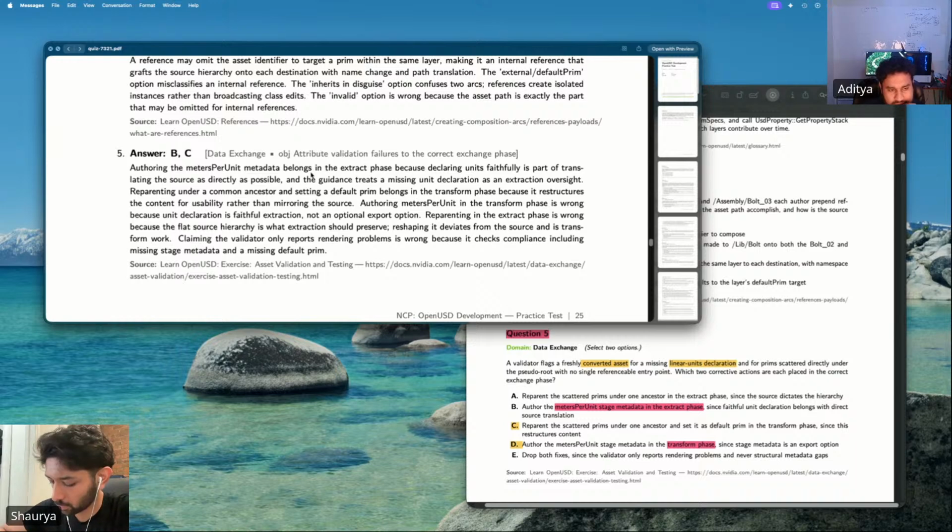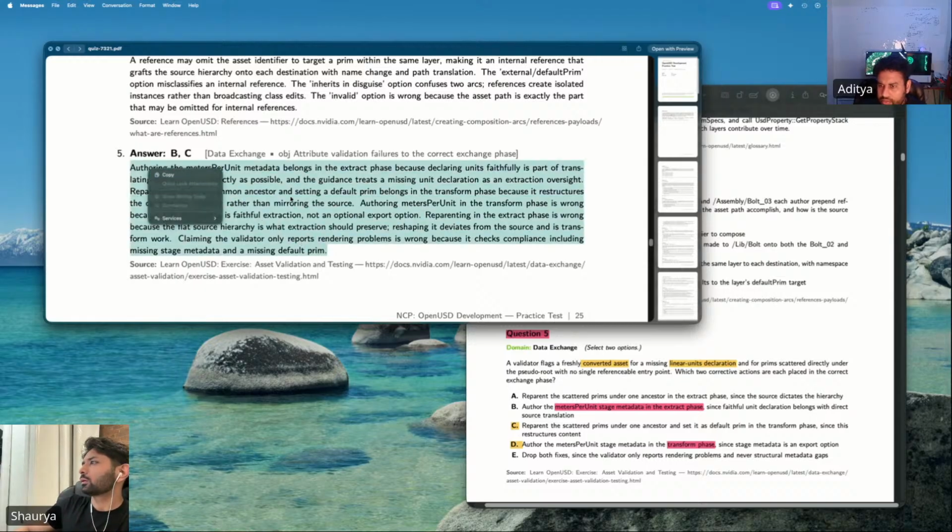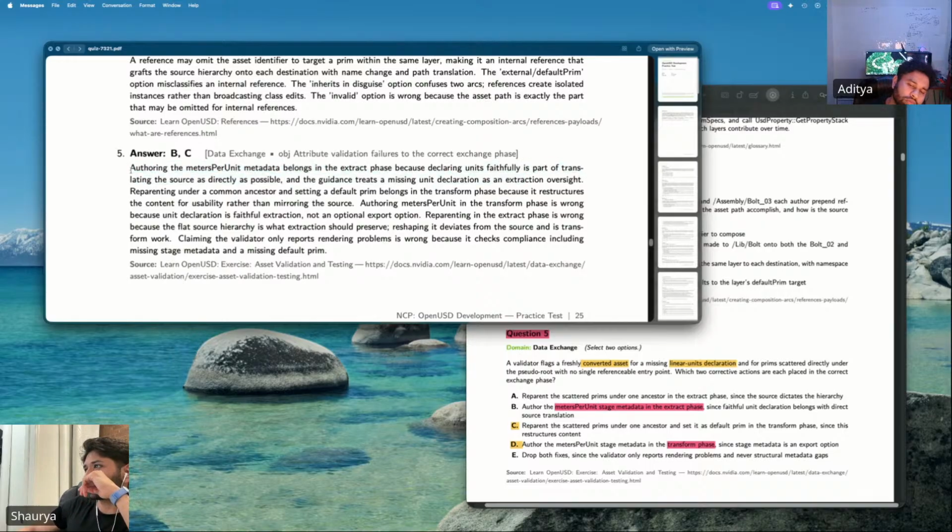It belongs in the extract phase because declaring units faithfully is part of translating the source as directly as possible, and guidance treats a missing unit declaration as an extraction oversight.